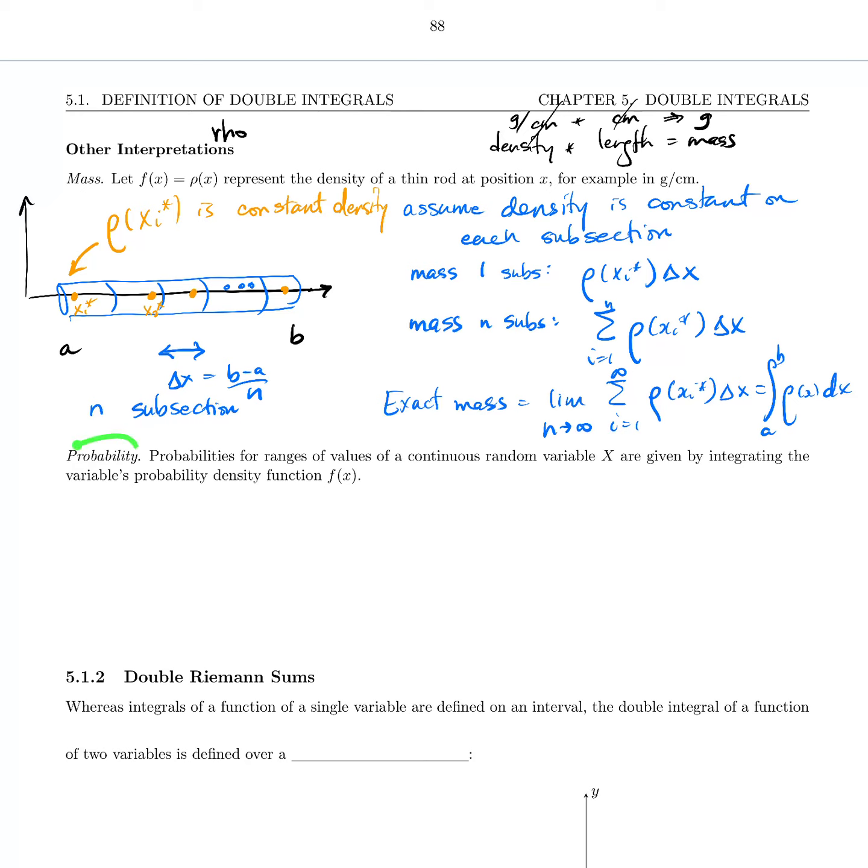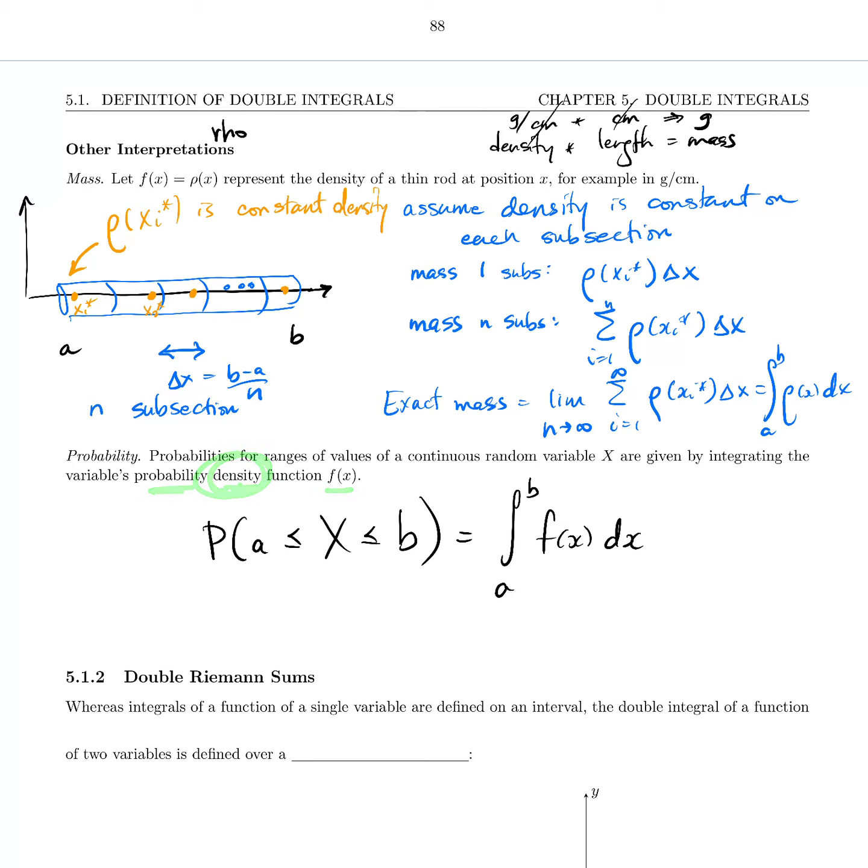A third interpretation is probability. And so if you've taken a probability course, you've probably seen that probabilities for ranges of continuous random variables are given by integrals. So if you've got a continuous random variable x, the probability that a is less than or equal to x is less than or equal to b is the integral from a to b of f of x dx, where f of x is what's called the probability density function.